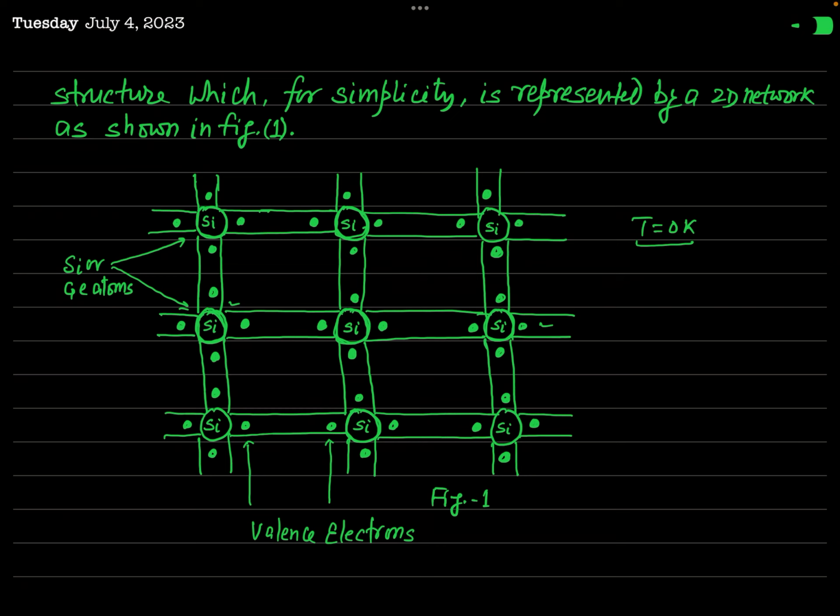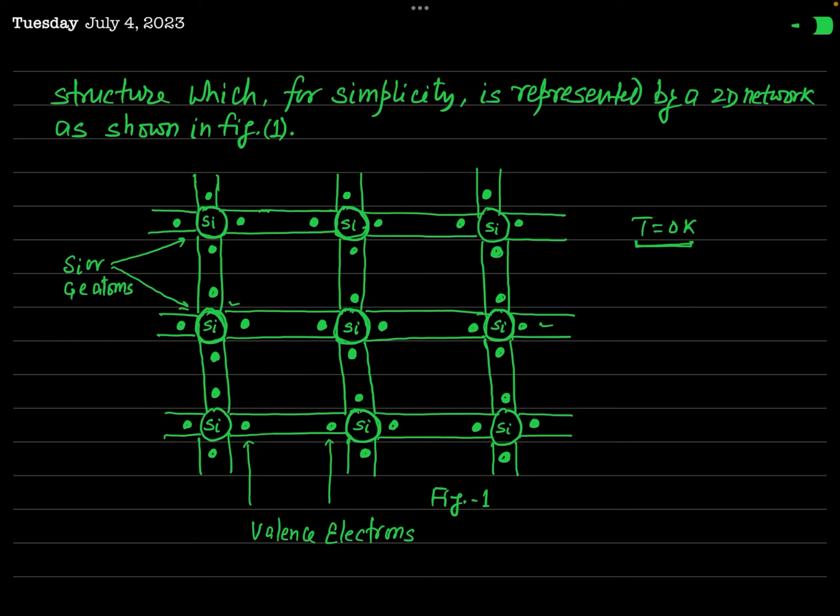But when the temperature is not 0 Kelvin but greater than 0 Kelvin, there will be an important phenomenon. And what will that important phenomenon be? That is actually responsible for the electrical conductivity. At 0 Kelvin temperature, you can see there is no free electron, because each valence electron of any silicon or germanium atom is bonded together with the other valence electron by a covalent bond.